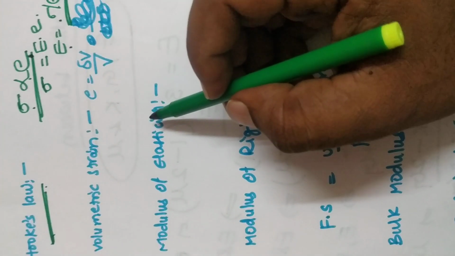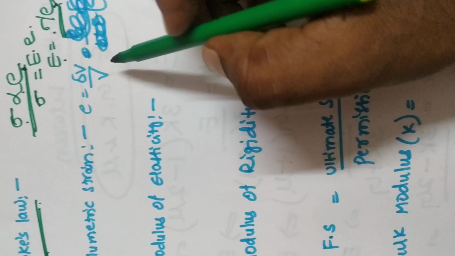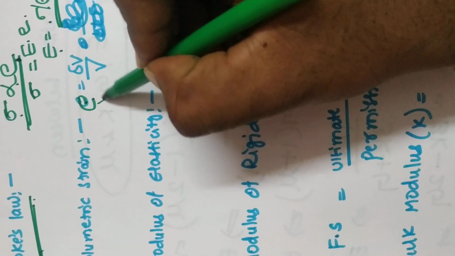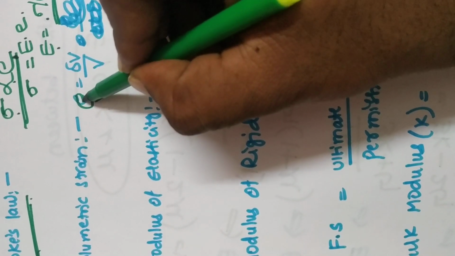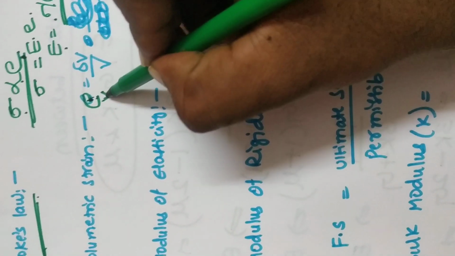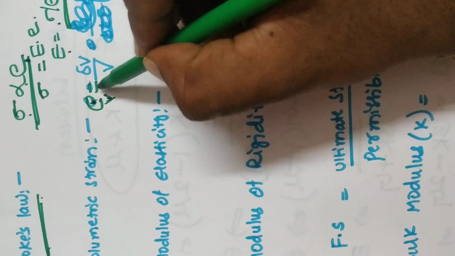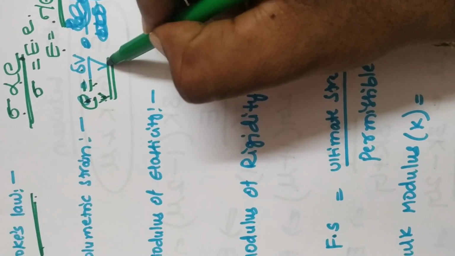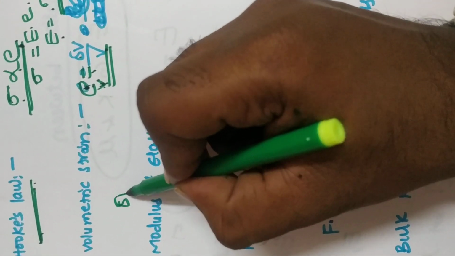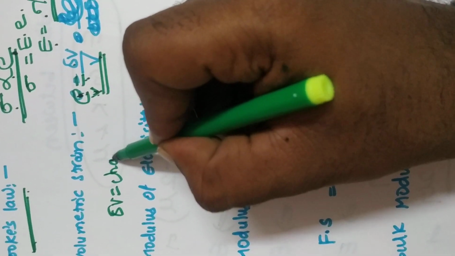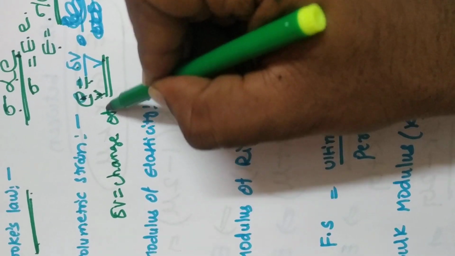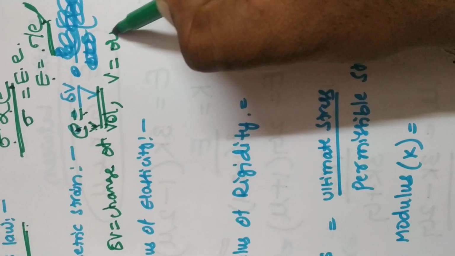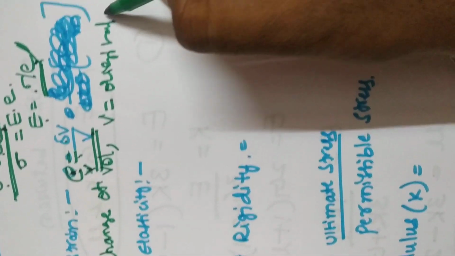Then the next one is volumetric strain. It is denoted by e suffix V, where V means volumetric and e means strain. The mathematical formula is e_V equals delta V by V, where delta V means change of volume and V is the original volume.